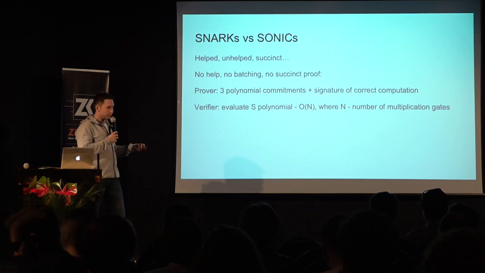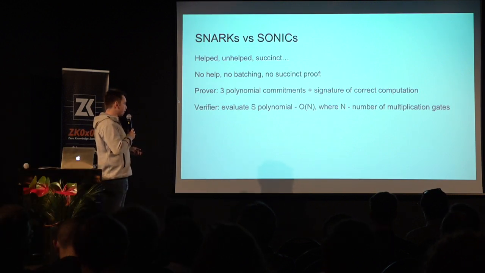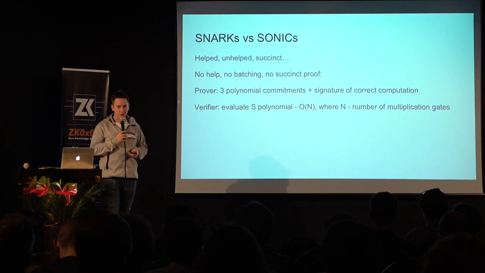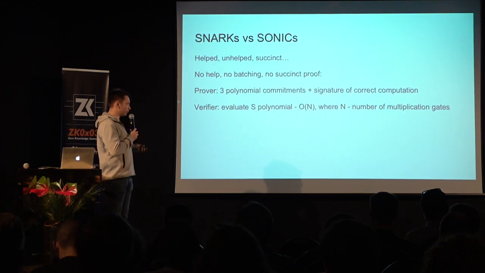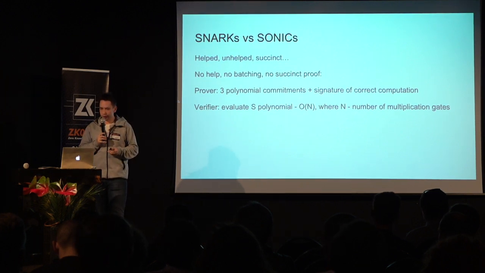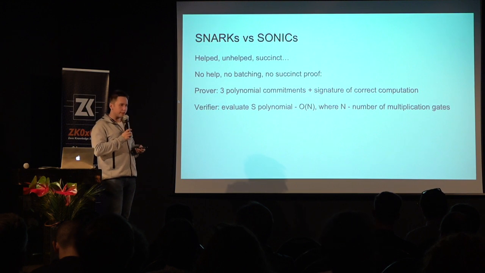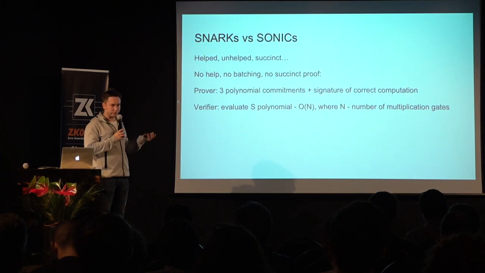So the prover does 3 polynomial commitments plus a signature of correct computation. Unfortunately, the verification of the signature of correct computation in this naive form requires a number of steps equal to the number of multiplication gates. So the verifier in this setting is not succinct. So we need to go further.